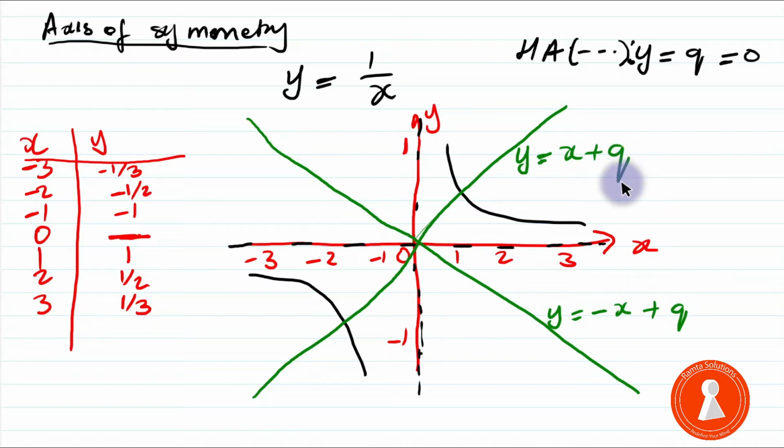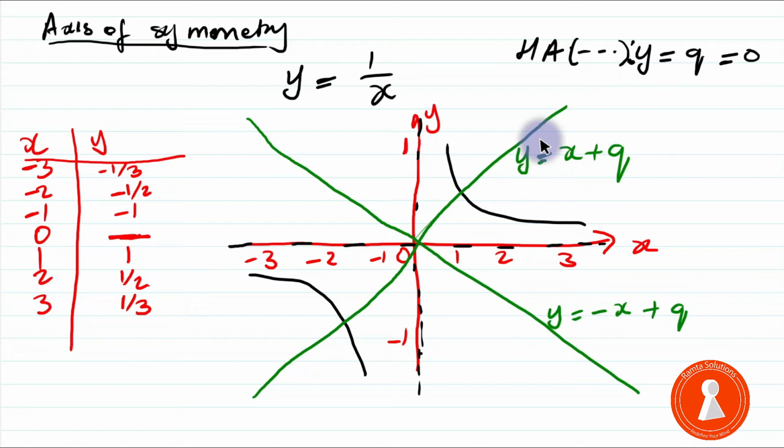For this y equals 1 over x, the axes of symmetry would be y equals minus x because q is 0, and y equals x again because q is 0. So for the hyperbola, you have two axes of symmetry.